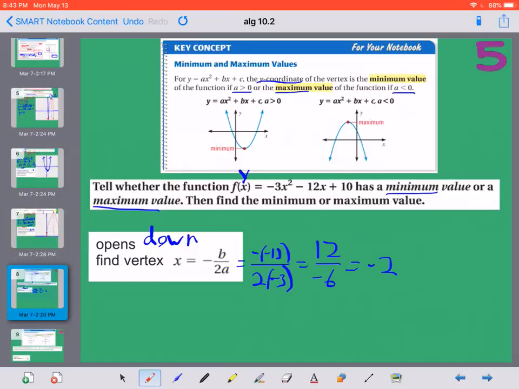Then if I put that back into my equation, we'll have y equals negative 3 times 2 squared minus 12x plus 10. Oh, not x anymore because we know what x is. We know x is negative 2.